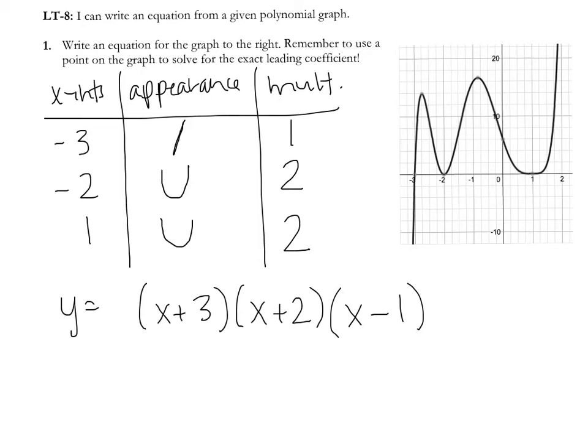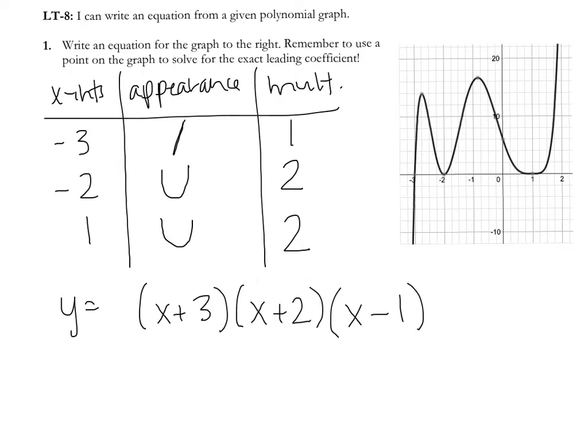However, these factors could have multiplicities on them. They could have exponents on them. To figure out what the exponents should be, I need to look at my multiplicities. The x-intercept -3 has a multiplicity of 1, so there should just be an exponent of 1 on the factor x plus 3.